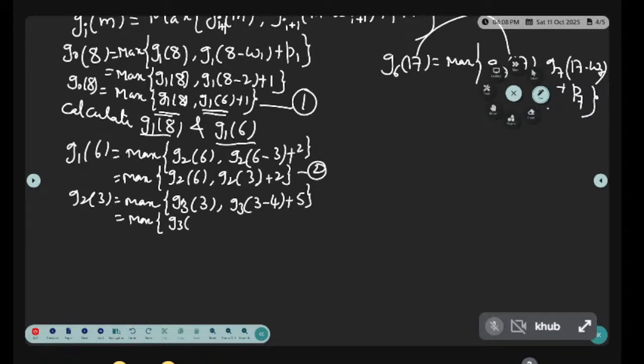G3 of 3 is equal to maximum of, three minus weight of 4, profit of 4.